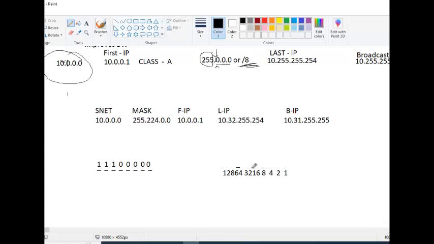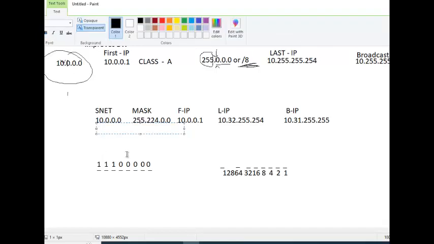For example, the next network in the same subnet, when you borrow 3 bits, the next network will be 10.32.0.0. The mask is the same, 255.224.0.0.